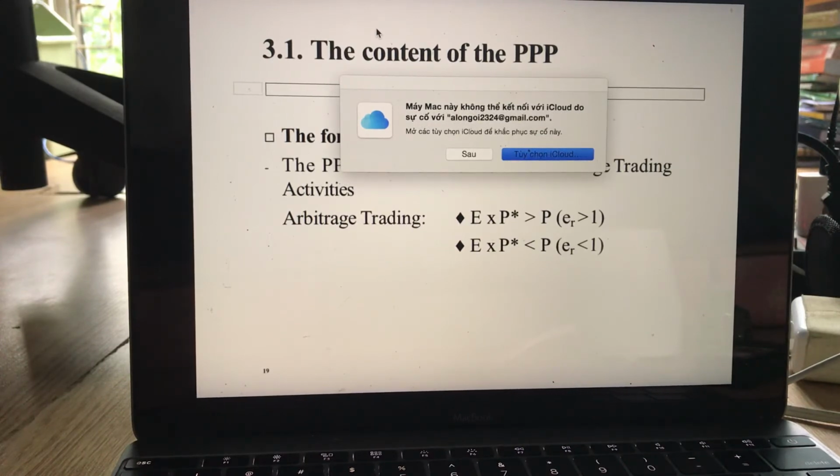So this is the price level of the goods bundle, and for the PPP we have EP star equal to P.